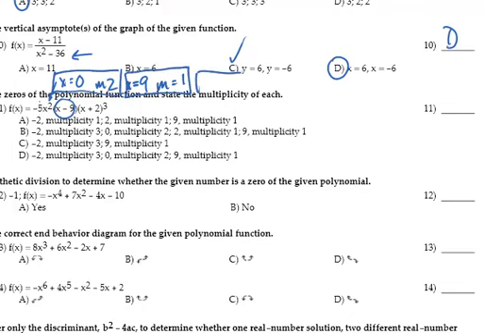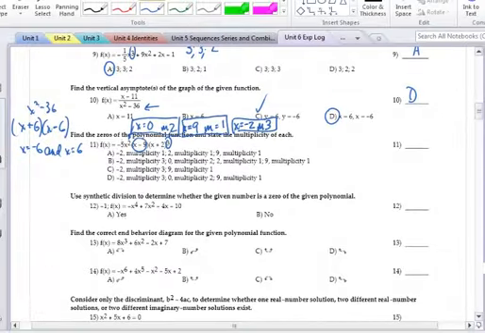And for the last one, its 0 is x equals negative 2, and its multiplicity is 3, because the power is 3. So at negative 2 we have multiplicity 3, that leaves us with these 3 choices. At 0 has multiplicity 2, and 9 has multiplicity 1, so the answer is choice D.